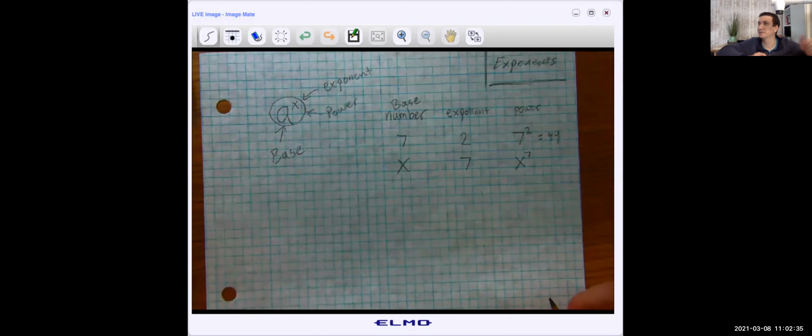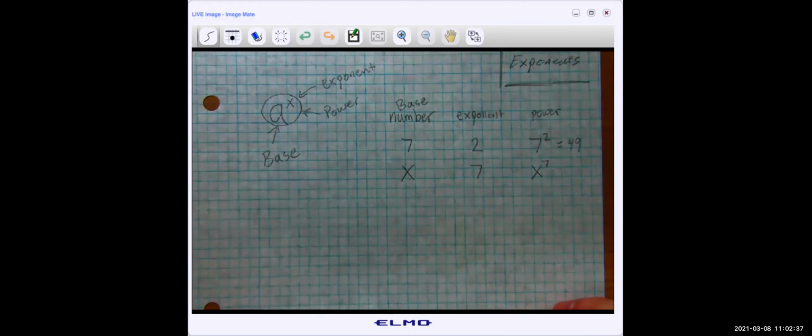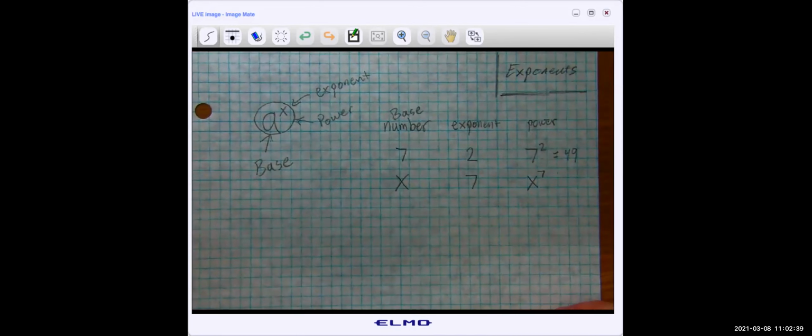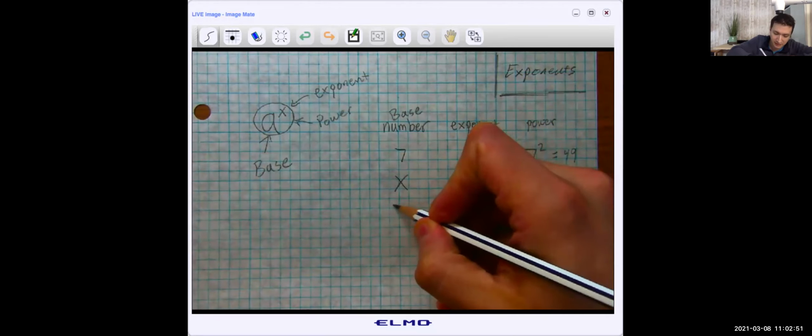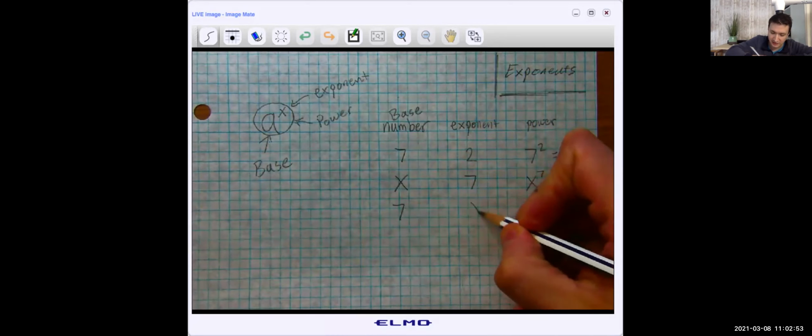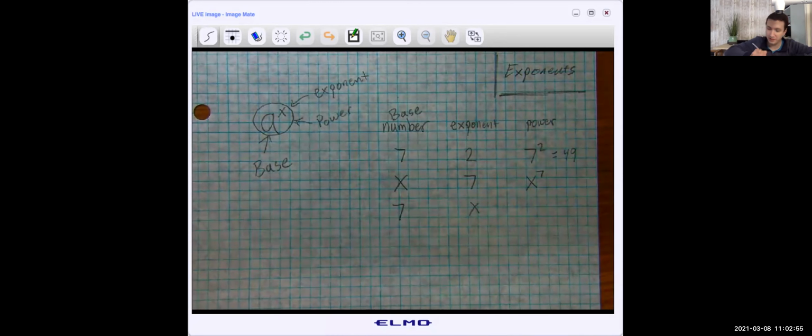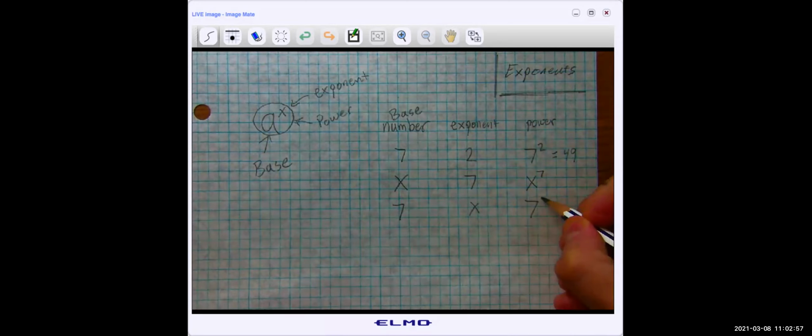This year in math, are we ever going to cover numbers with exponents that are variables, like 7 to the power of x? Okay, let's do it right now. 7. Exponent is an x. What would our power be? 7 to the power of x.